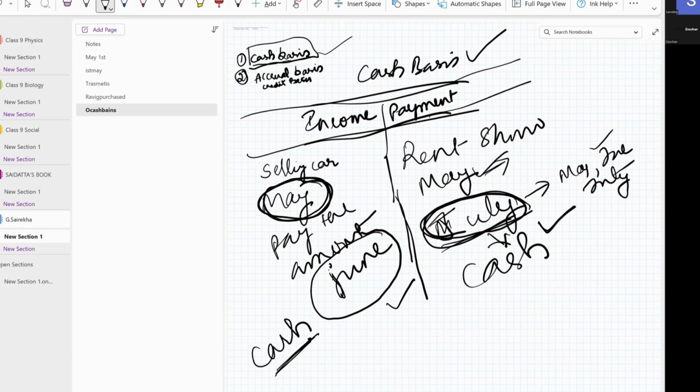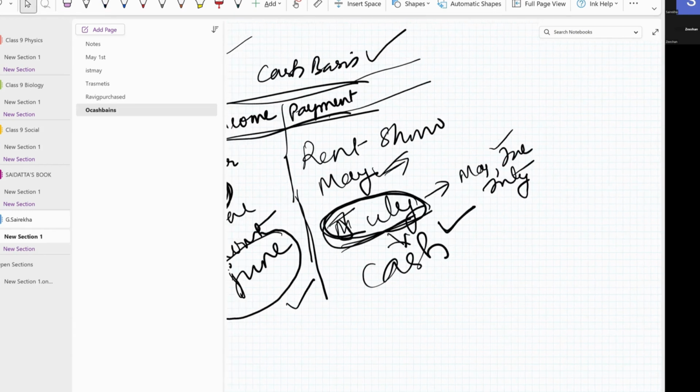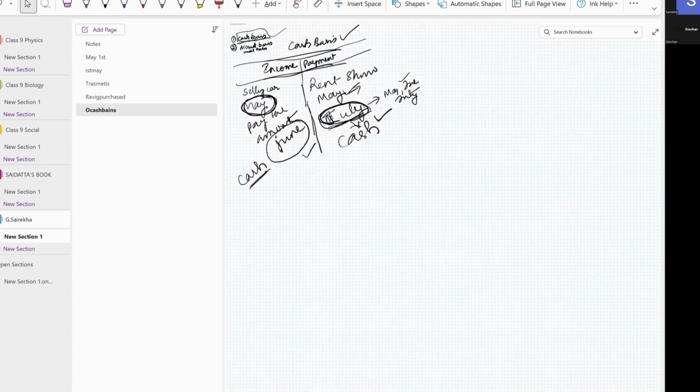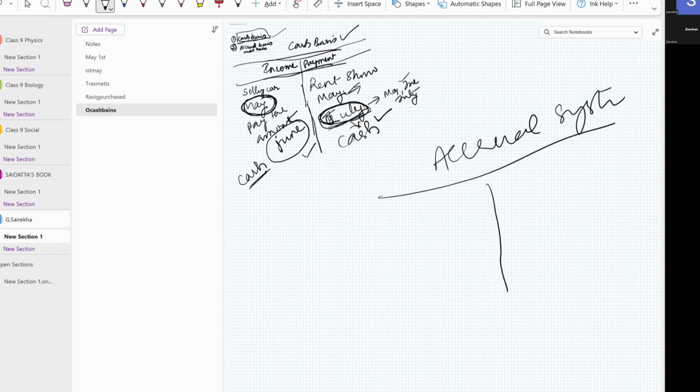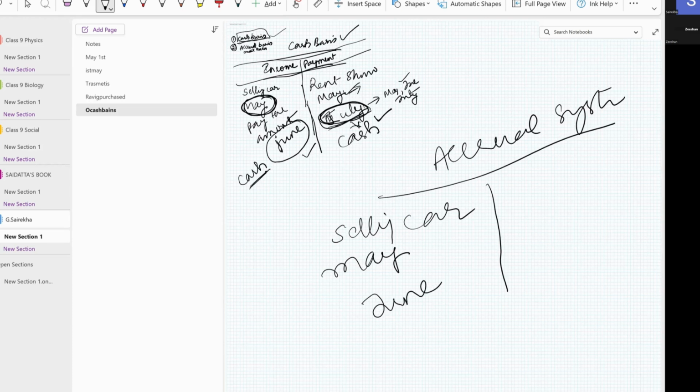Okay. Now the same thing, how does it come in the accrual system? Suppose you are selling a car in the month of May, and the customer says, I'm going to pay the cash in the month of June.